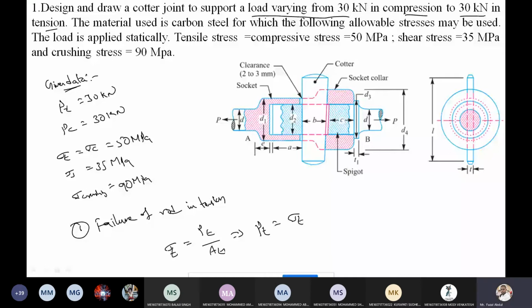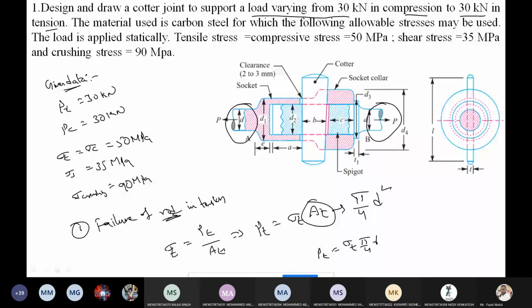What is the failure area here? Because we are calculating for the rod, which rod? This one. So the area is pi by 4 into d square. Now write the equation here: Pt equals sigma t into pi by 4 into d square. With this equation, the Pt value is given here as 30 kilonewtons, so 30 into 10 to the power of 3. Write the Pt value here.